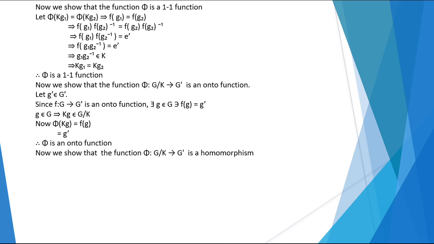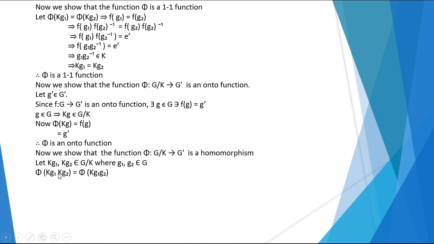Now we show that the function phi from G by K to G dash is a homomorphism. Let Kg1, Kg2 belong to G by K, where g1, g2 belong to capital G. Now phi of Kg1 into Kg2 equals phi of Kg1g2.